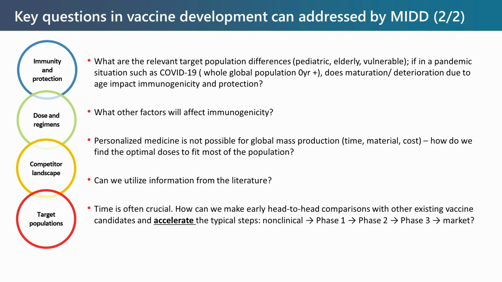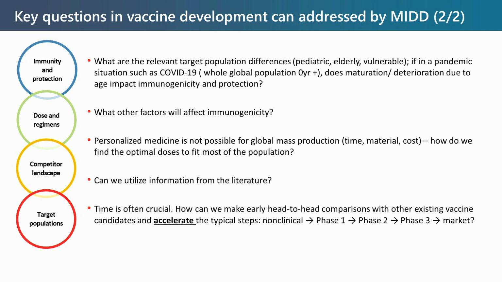Using COVID-19 as an example, which targets the whole global population aged 0 years plus, understanding whether maturation or deterioration due to age impacts immunogenicity and protection is essential, in particular for pediatric, elderly, and vulnerable populations. In addition to immunogenicity, markers such as IgG titer or concentration.